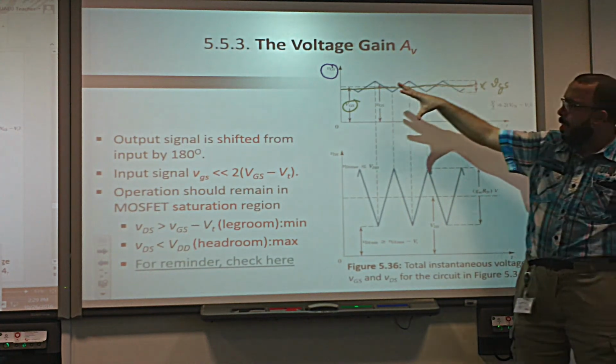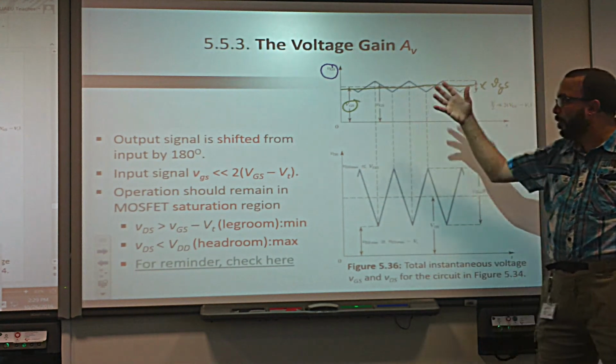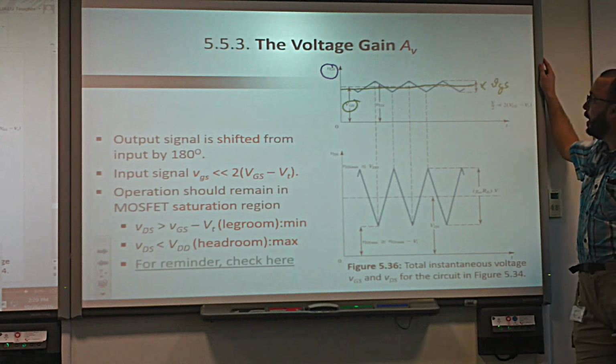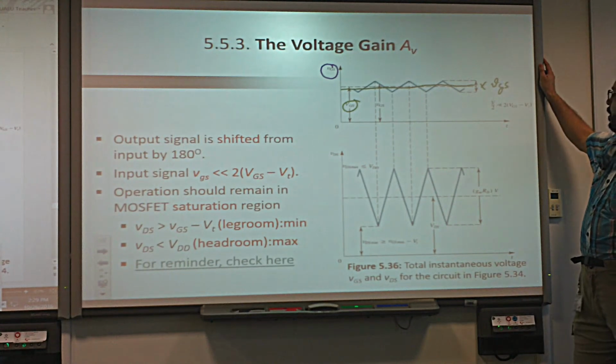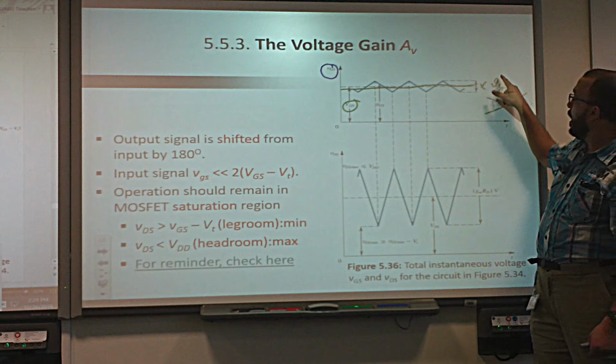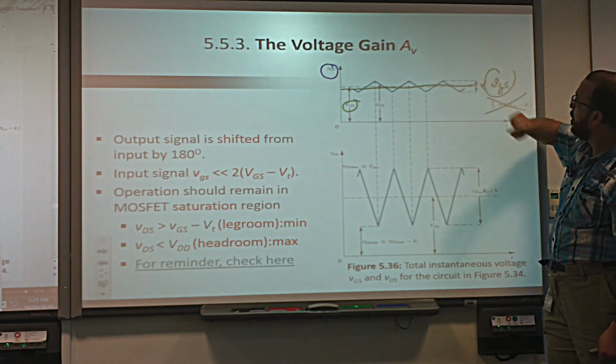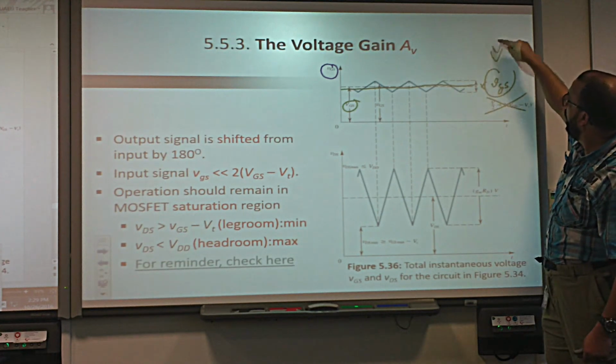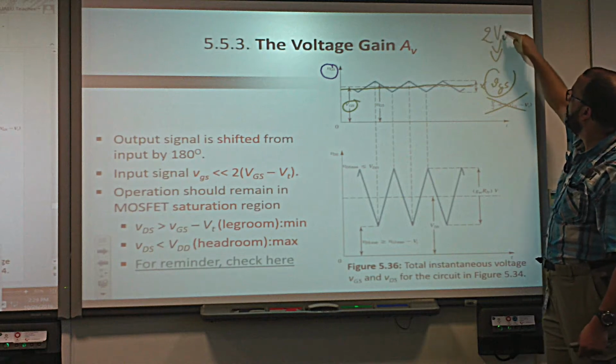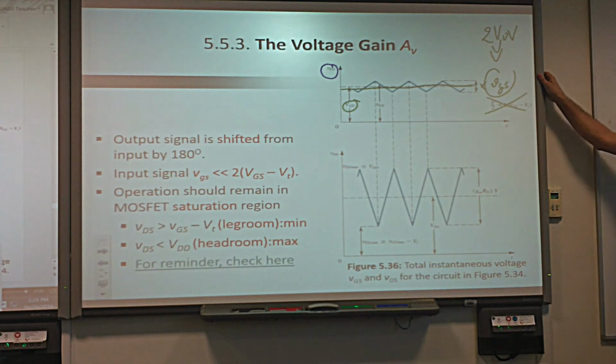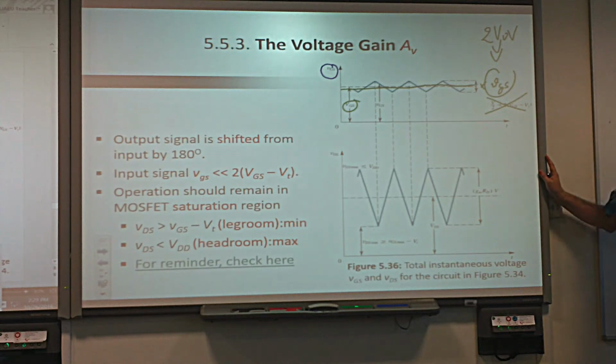The condition to apply the small signal analysis, which we are doing right now, is that this VGS has to be less than 2V overdrive. This is a condition, okay? The condition to use those equations. Now, at the output, where is it?